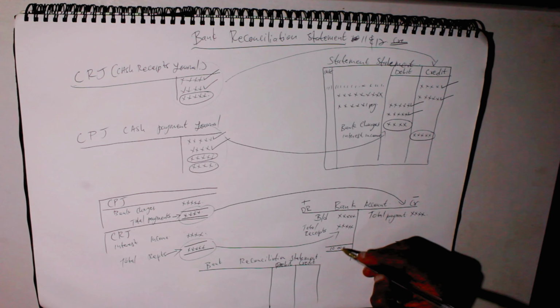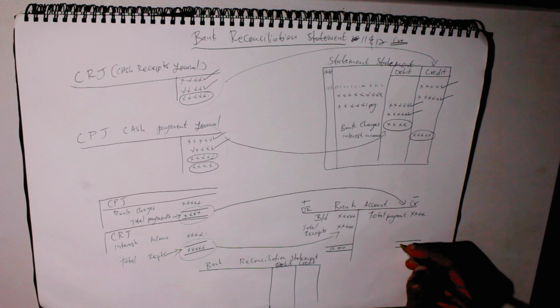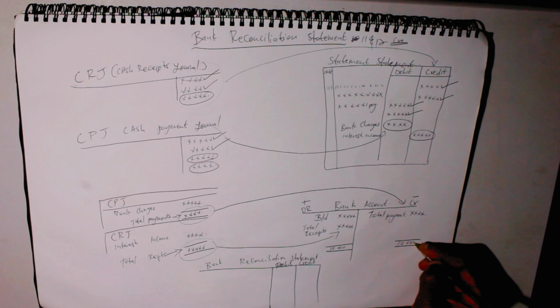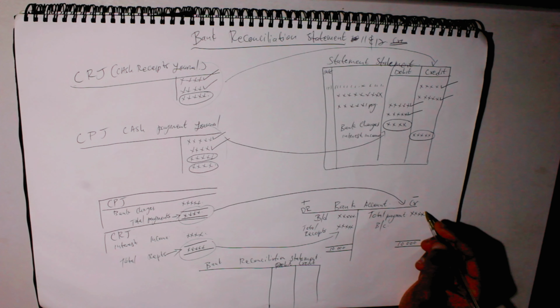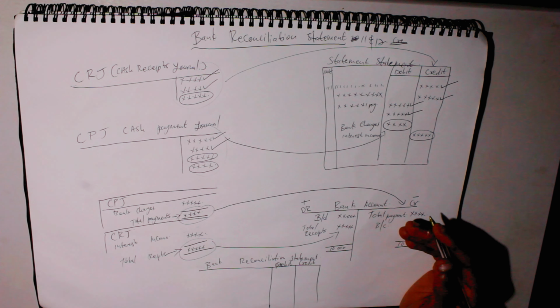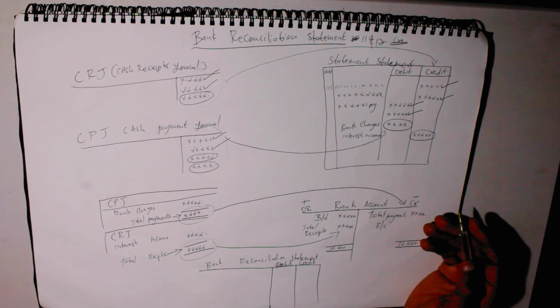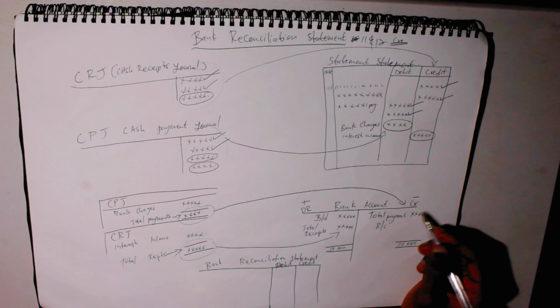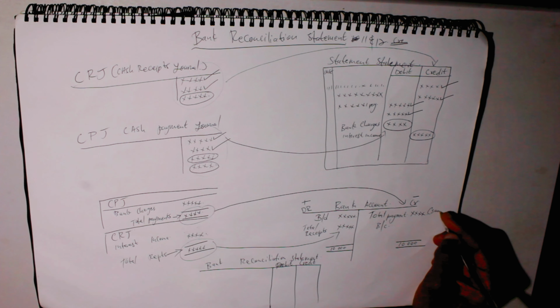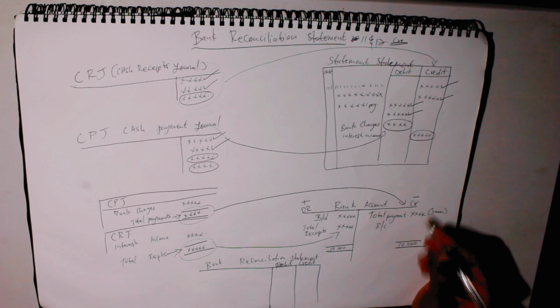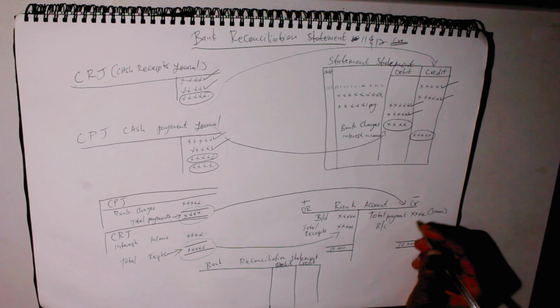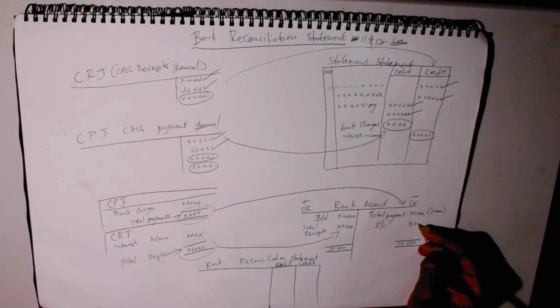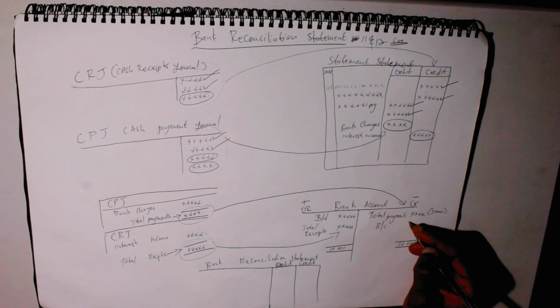If this side is bigger, then we're going to use it to balance both at 10,000. Therefore, our balance carried down: let's say the total payments are less than 10,000, like 5,000 rand. Then 10,000 minus 5,000, you're going to get your 5,000, which is your balance carried down.